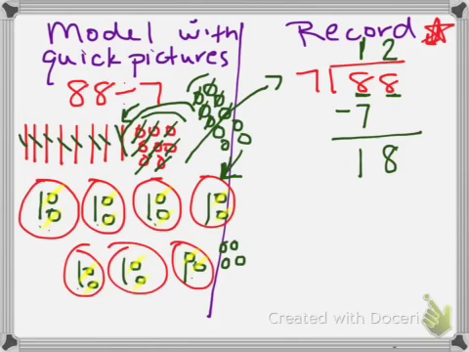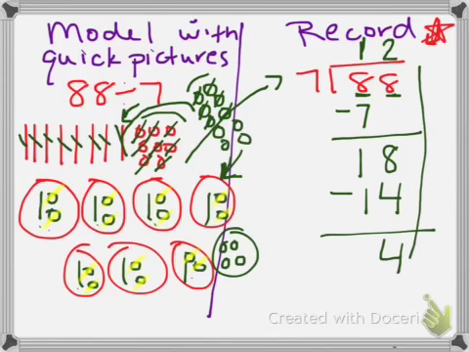So they actually used 14 of those 18. And they had 4 left over, which is correct. So our answer is 12, remainder 4. We will get into, in the next few lessons, not requiring the model, but we want them to see how they relate to each other.